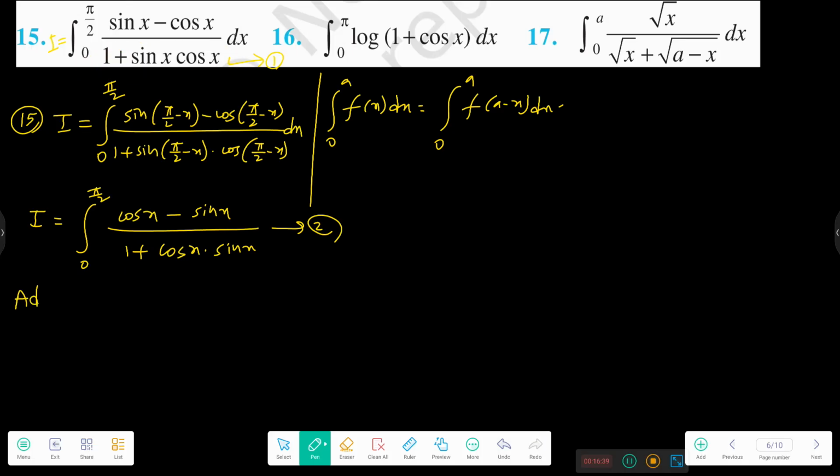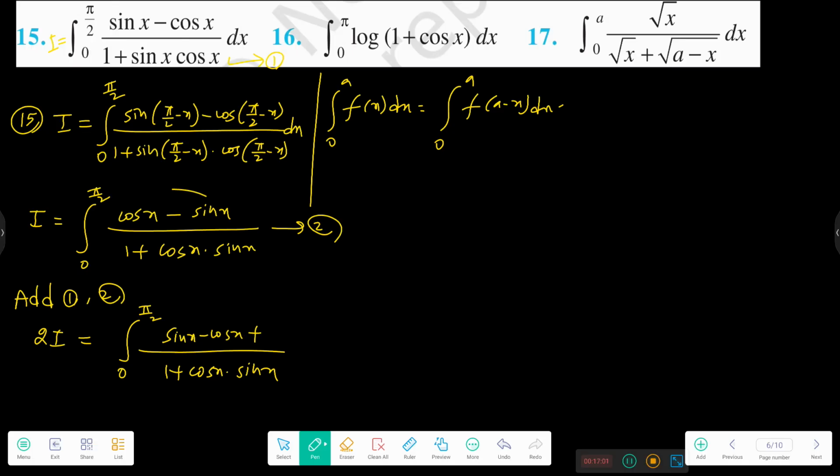So add 1 and 2. What am I getting? I plus I, 2 times I, is equal to the integral from 0 to pi by 2, the same, even the denominator is also the same. See, the numerator you can add. What am I getting? Sin x minus cos x plus cos x minus sin x.